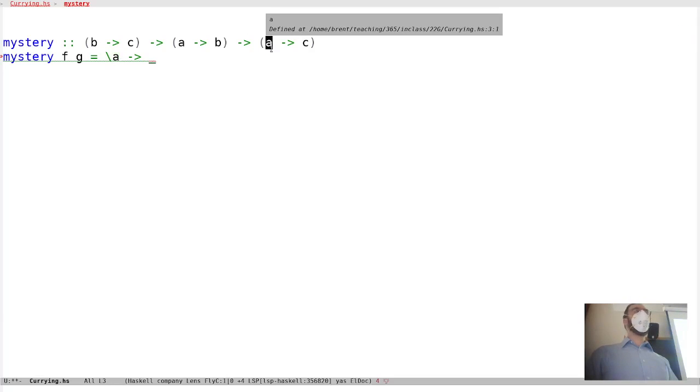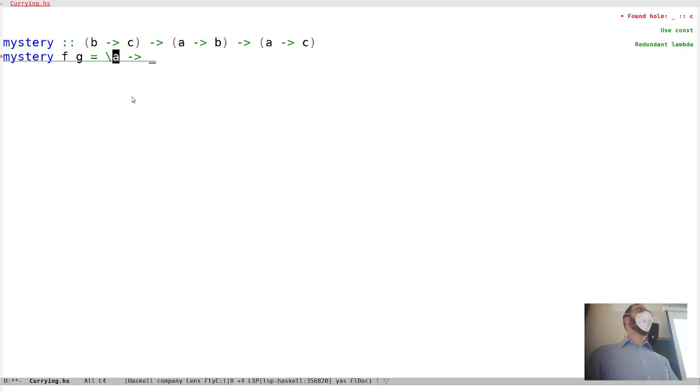This A is the name of a type, and this A is a variable that has that type. Haskell is fine with this, since the names of types and the names of values are separate. But since it's a generic thing and I don't know anything about it other than the fact that it has some type A, naming it A is actually a pretty good choice. Otherwise if I name it X, I have to remember, oh, X has type A. If I just name it A, then obviously that's the thing that has type A.